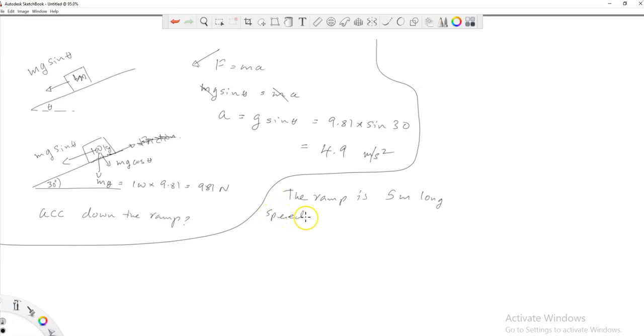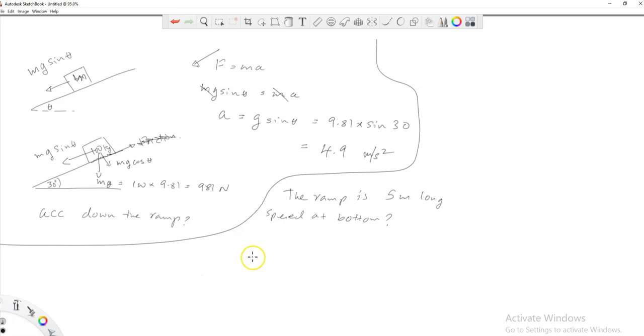How fast is it moving? So you're going to place the object here and let it go. Let's say you are unloading something using a very slippery ramp, so you don't have to push anything, you just drop them on the ramp, they're just going to slide down, and the speed is going to increase because it's accelerating, right?